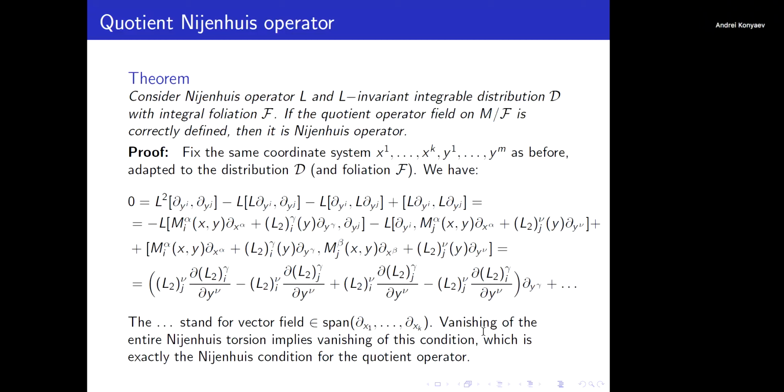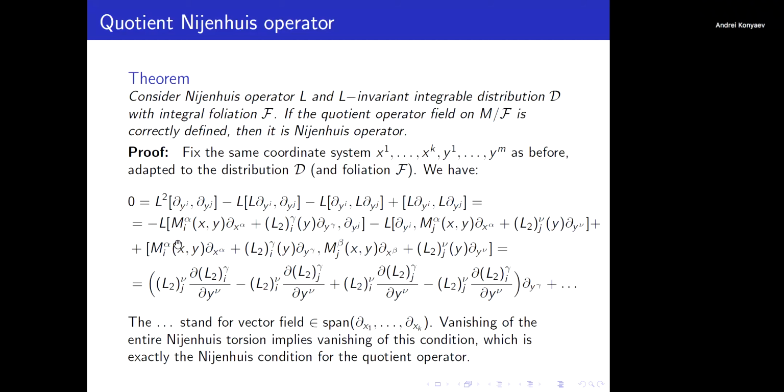In our case, we have a formula which we do not need to calculate in its entirety. We see that we have a part which are the coordinates in y, and dots which stand for the coordinates in x. If we want to fully compute the Nijenhuis torsion, we need to open those brackets and carefully calculate and gather all the terms together. There will be huge formulas, but it doesn't matter that they exist, because those coefficients are in front of the partial x_i's, so they vanish on their own.